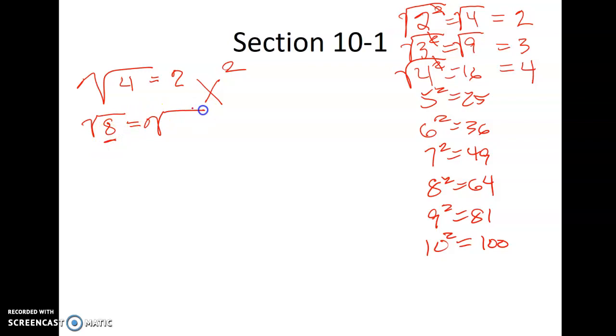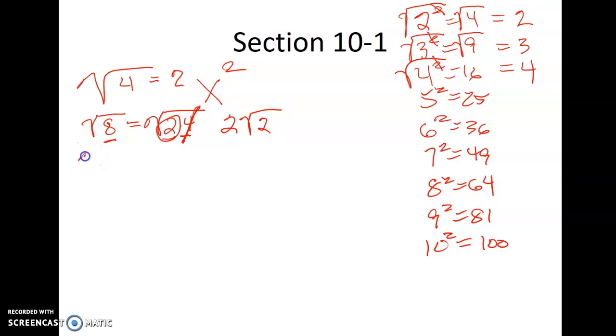So we have to look at its factors, and you need to look for the largest perfect square factor. We're going to use this list that we generated over here to find the largest factor that's a perfect square in our number. In 8, it's 4. So I'm going to take the square root of 4, which is 2. So we write that on the outside of the radical. And since 2 is not a perfect square, it's going to get left behind.